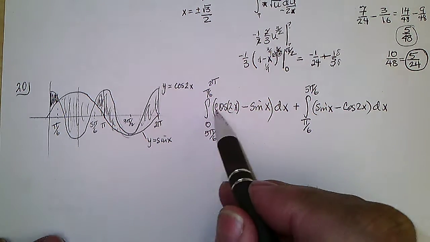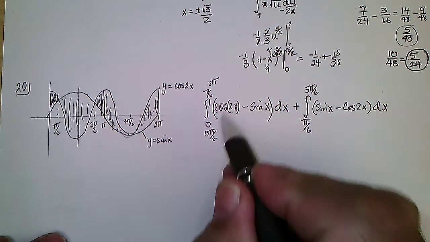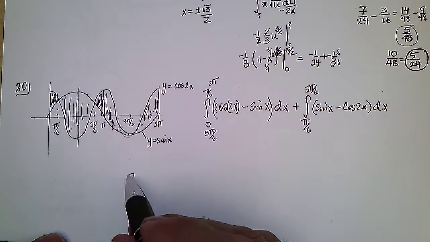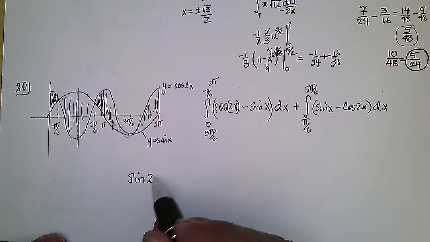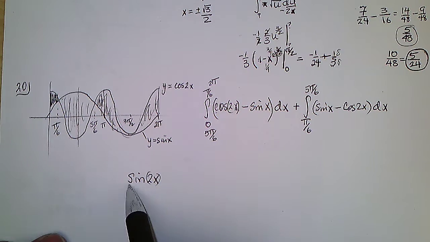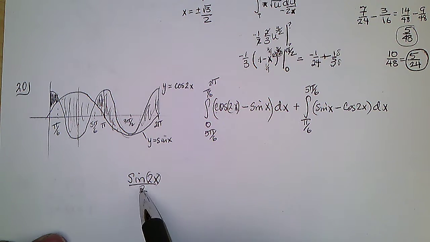Okay, so let's integrate this. This would be cosine of 2x, derivative of sine is cosine, so it'd be sine of 2x, but then the chain rule would say then times a 2. We don't have that, so we'll have to divide by 2. So that's the integral of cosine 2x.